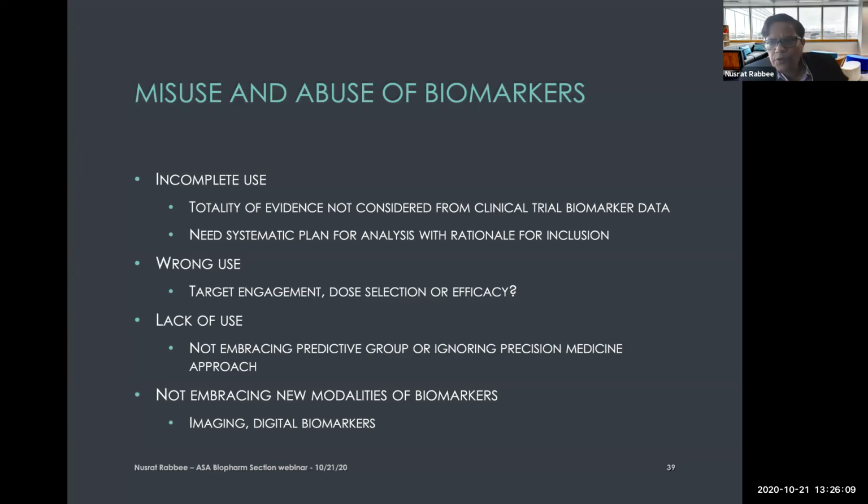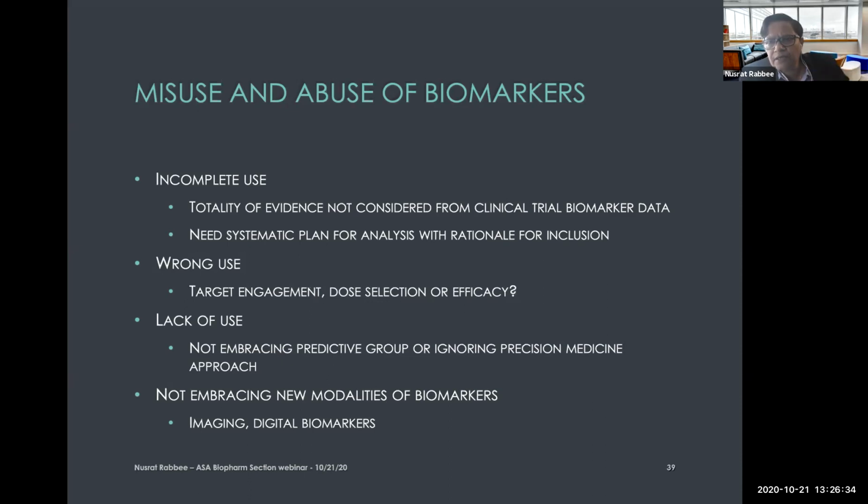If the drug is working in a specific group, then it's worth looking at instead of that broad claim and having sort of a less than mediocre treatment effect.